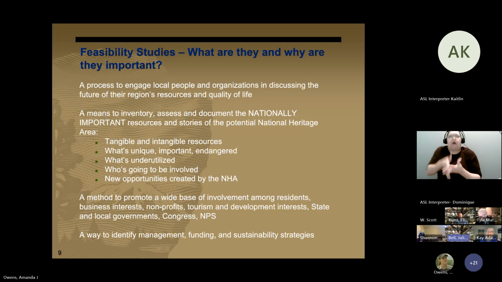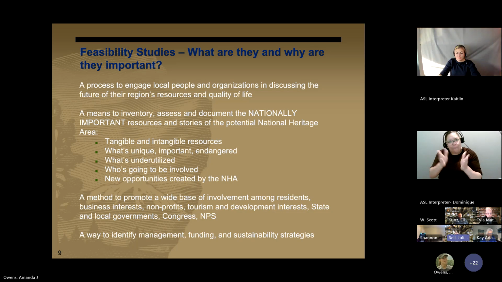And we also want to, as part of the study, make sure that those living, working, and interested in the area are supportive or not of a potential National Heritage Area designation. We want to explore if state and local governments are also supportive, because you all are living in there and promoting it.